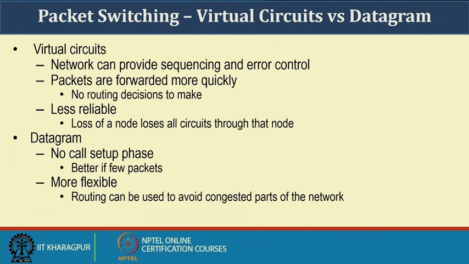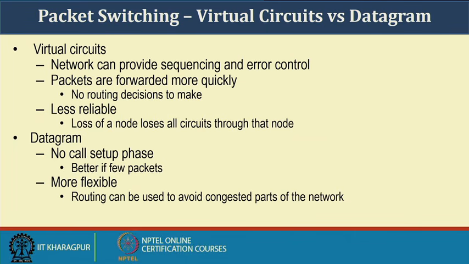So, if we look at packet switching, virtual circuits versus datagram: a virtual circuit network can provide sequencing and error control, as it has an established path. Packets are forwarded more quickly, as no routing decision is required individually at the packet level.